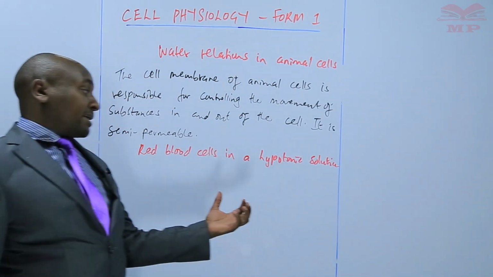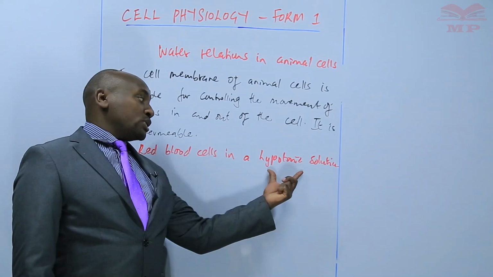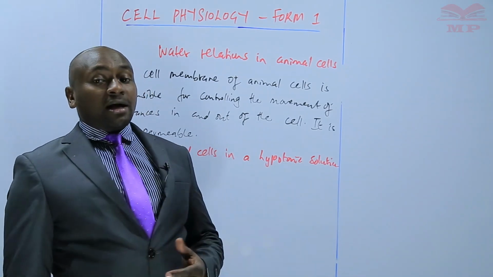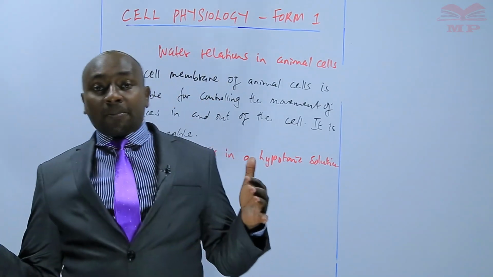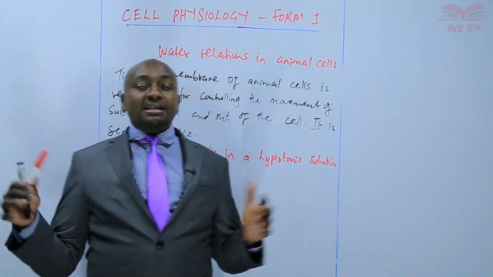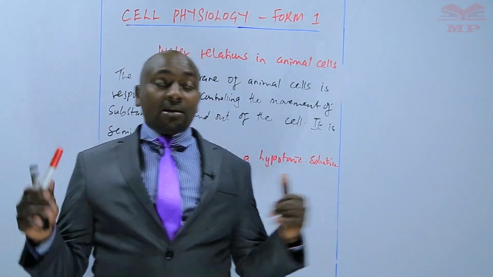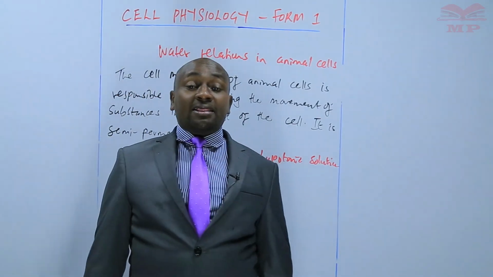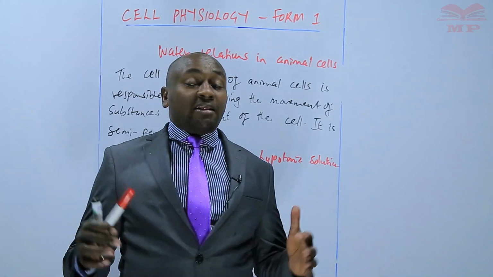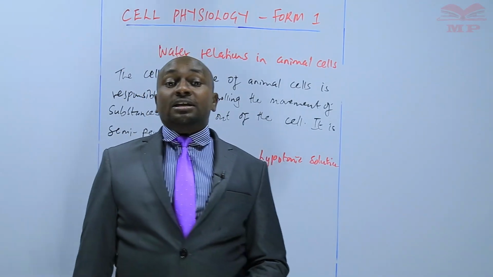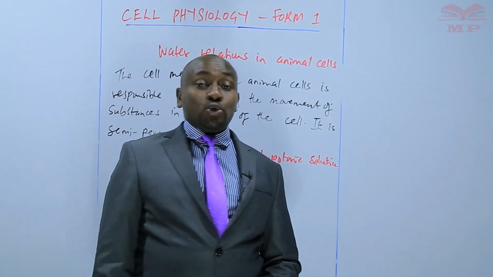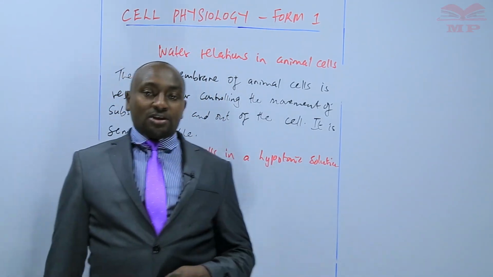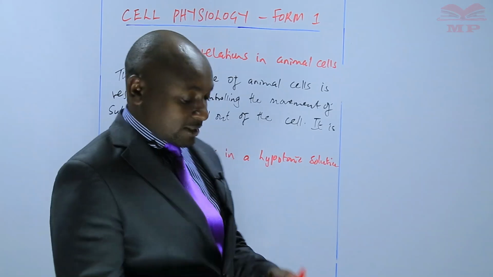Just like any other cell put in a hypotonic solution, it gains water. As the cell continues to gain water, it swells, and eventually it gets to a point whereby that cell cannot expand any further, and at that point, the cell bursts. So we say that that particular cell has been hemolyzed or has undergone hemolysis.